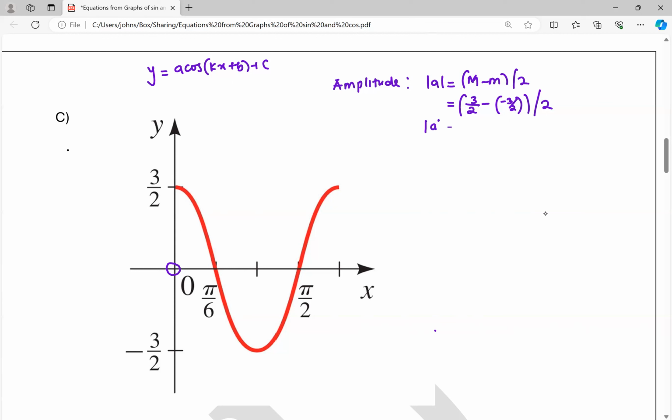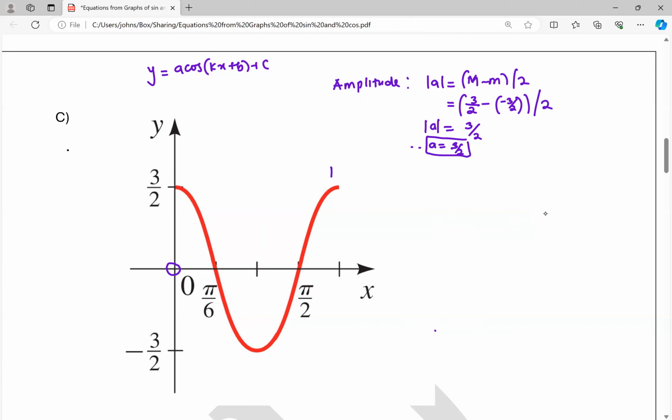So this is equal to what? 3 over 2 minus minus is 6 over 2. So everything will become 3 over 2. But here we're going to take A to be positive because at the starting point, we are starting from the maximum. So it means that there is no reflection, right?